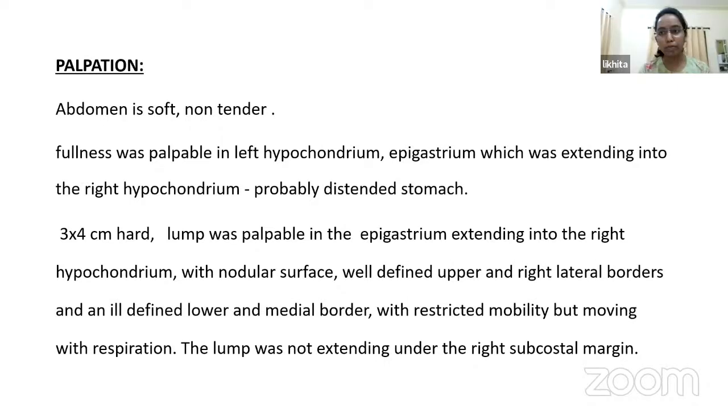In this patient, second, you said Traube's space is resonant. So what is the boundary for Traube's space? Traube's space is a semilunar space, which is between the mid clavicular line passing through the sixth costal cartilage.